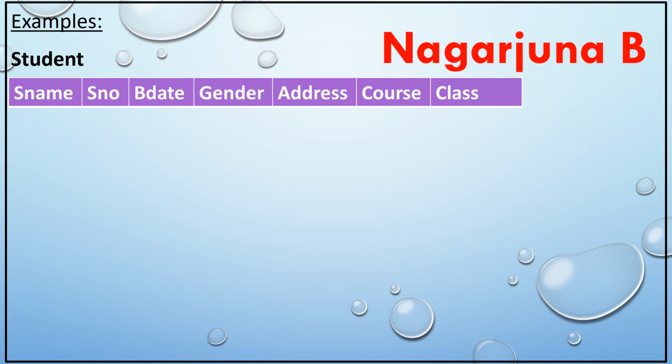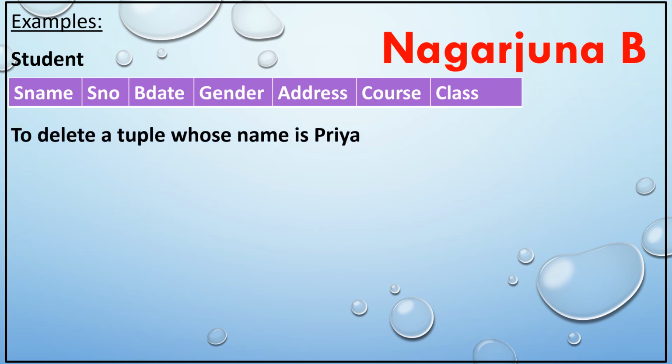Now we shall see the first query for the purpose of deleting a tuple. To delete a tuple whose name is Priya. So they have given the student name is Priya, so you have to delete a tuple relating to the student name Priya.